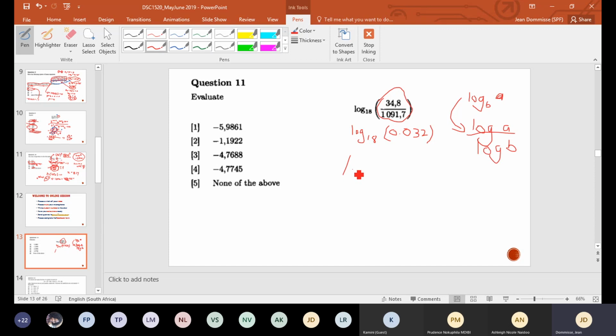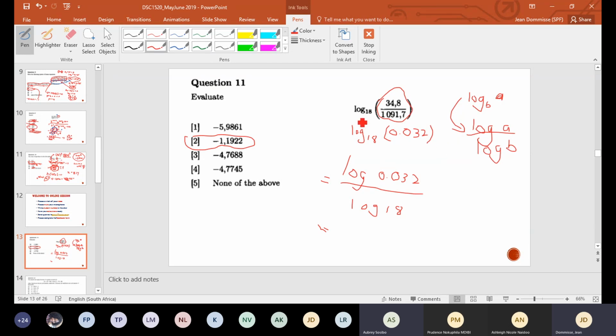So here we can say log of 0.032 divided by log 18. Okay, and then you need to work that out with a calculator, and my answer is minus 1.1922. So that is basically from log rules.